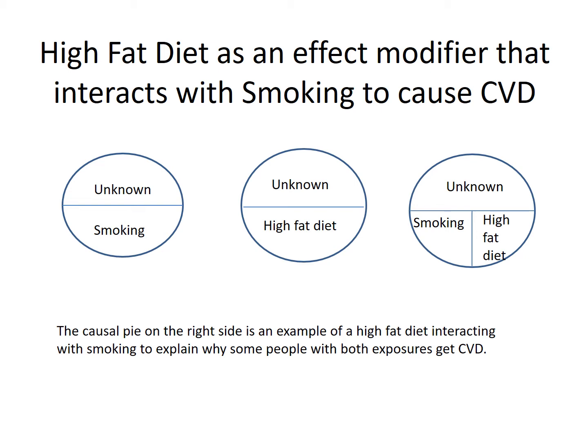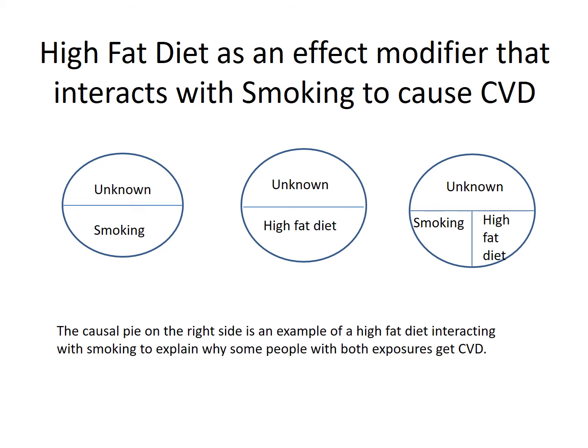But if you can show that people who smoke and have a high-fat diet have more risk, or an extra risk, than they would have just from the smoking and the high-fat diet, then that third pie makes sense. So that third pie appears in your data and you can measure it.